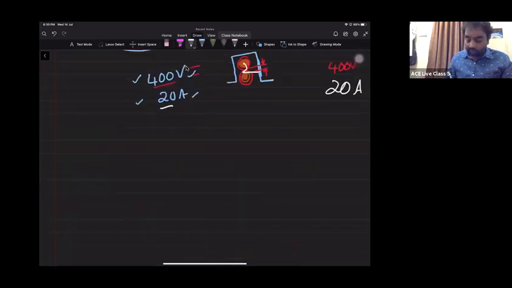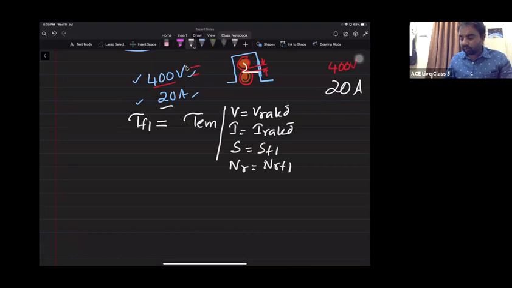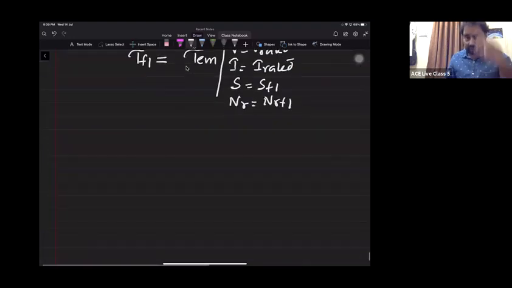So can I say full load torque is nothing but electromagnetic torque when the applied voltage is rated, when the currents are rated, when the slip is rated, and when the speed is also rated. So I'm writing it as full load, right? So what is the equation for full load torque? So in place of that, yes, I have to write S_FL.